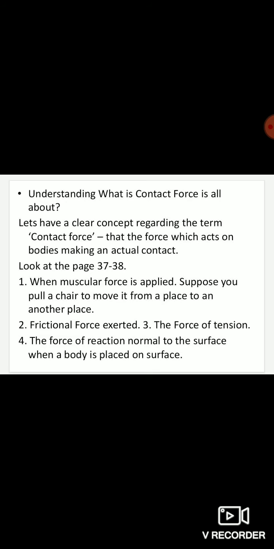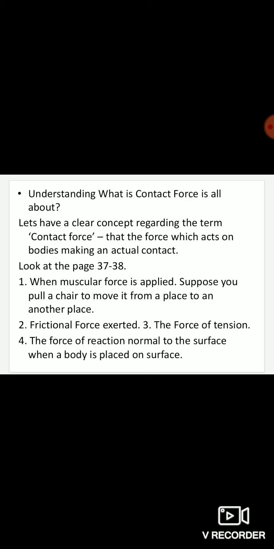Now coming to the fourth point, that is the force of reaction normal to the surface when a body is placed on the surface. Suppose you are keeping a book on a table, the weight of the book is on the table. Suppose you are keeping a 1 liter bottle of water on your hand, that bottle will weigh 1 kg.